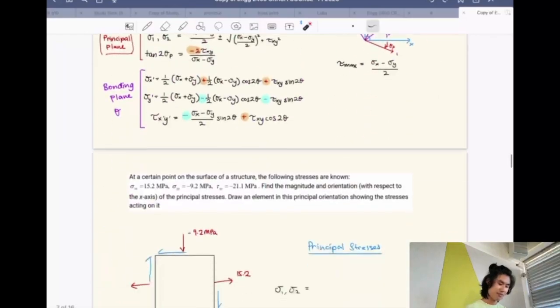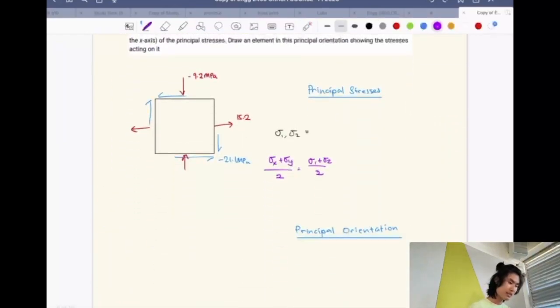So you can kind of think of this as the center plus the radius of the circle, which is something like this. And then you get 27.37 and negative 21.37 MPa.